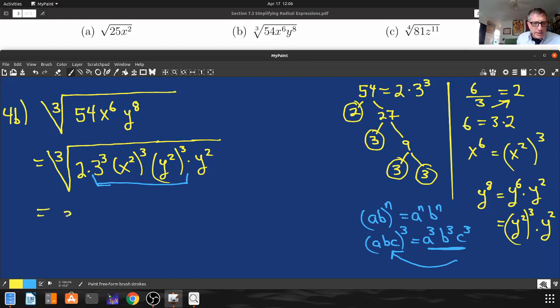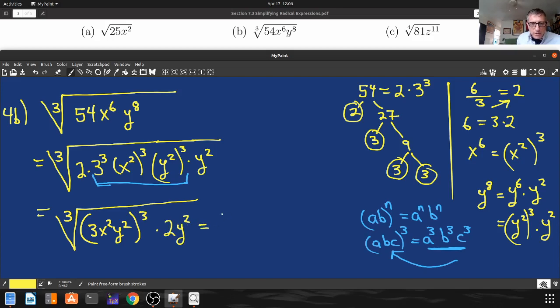So this again, why am I looking at the 3rd power? It's governed by the index. So this is 3 times x squared, just looking at what I have here in the blue, times y squared, all raised to the 3rd power, times 2 times y squared.